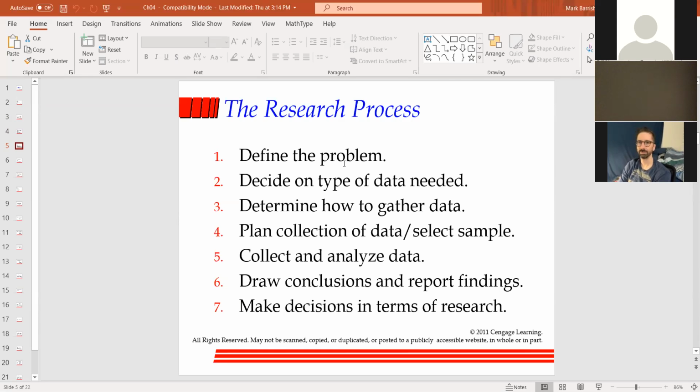Or if you tried to, you could make serious mistakes. You could find out later that you picked the wrong variables. Oh my God, I'm going to have to start all over again, right? People run into that. That's why you have a research committee, because they don't want you to do that and waste everybody's time.